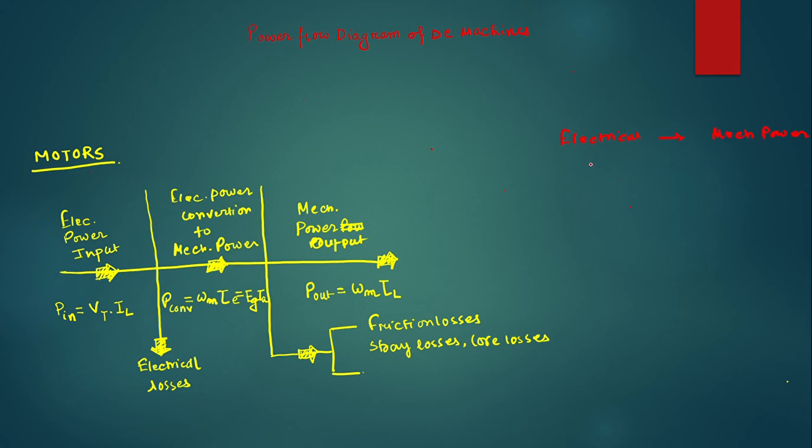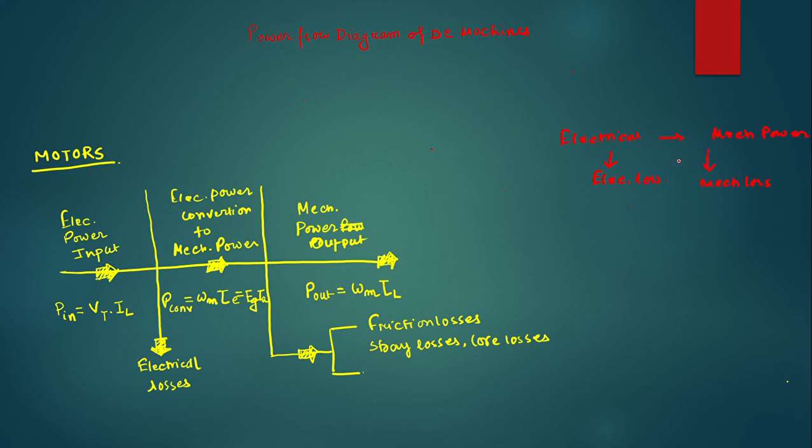Now the electrical power first incurs some electrical losses before conversion, and before the production of mechanical power, it incurs some mechanical losses, just like the previous one in reverse order, right?